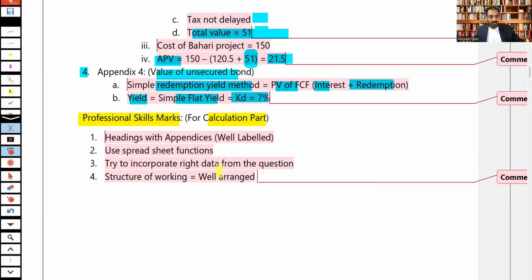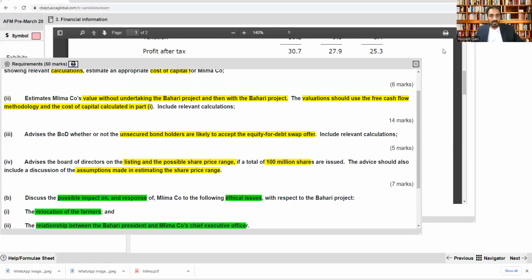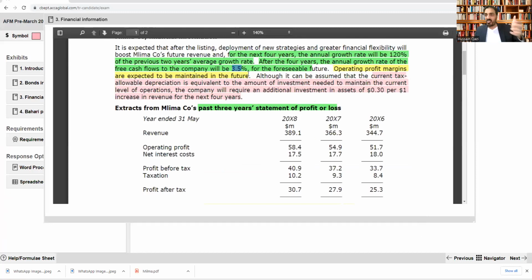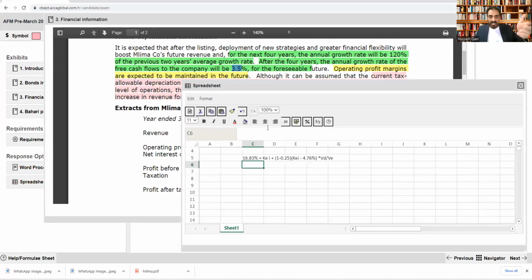That means you are attempting the question by getting this information. For example, growth rates. So you are getting the data from the growth rates and incorporating it with the spreadsheet. So catching the right information and incorporating it with your answer.